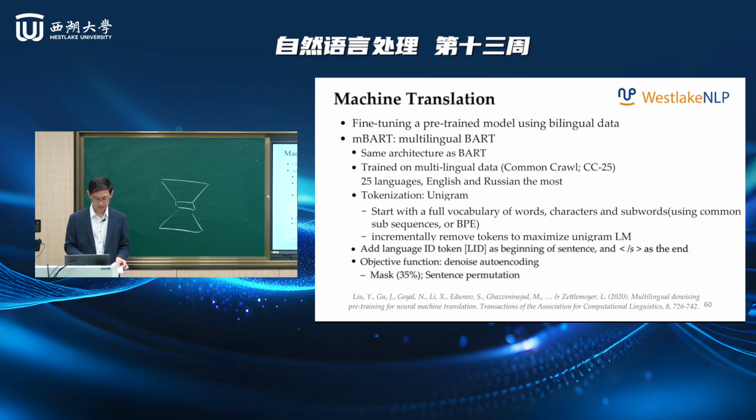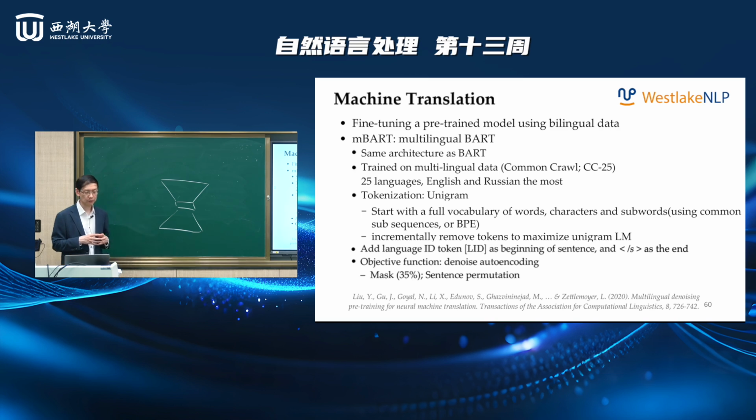We've seen a lot of creative ways to use BERT. Now, about machine translation. In theory, machine translation is very easy to solve, right? You just take BART and fine-tune it. The input is the source, the output is the target, you are done. But unfortunately, you can't do that because BART is monolingual.